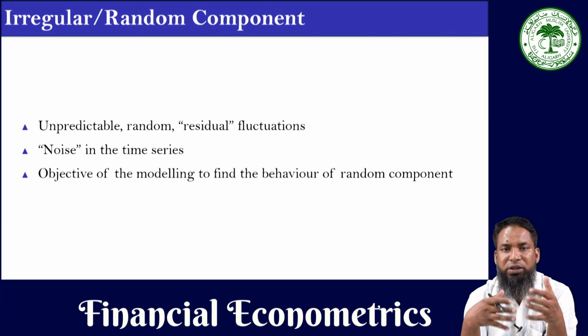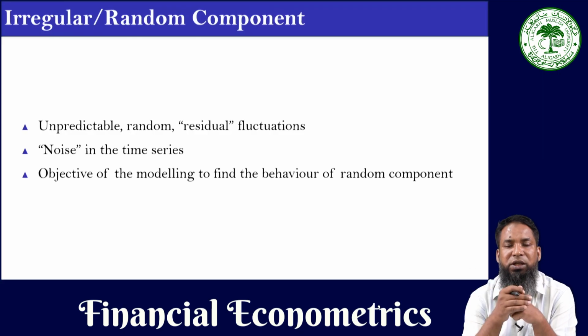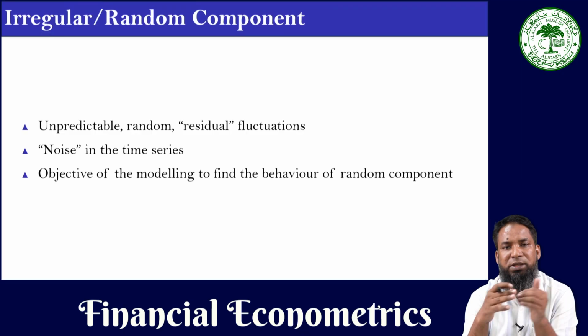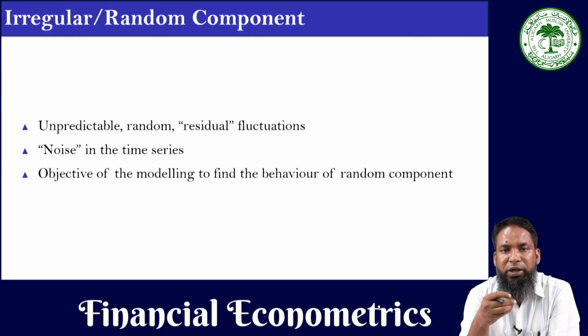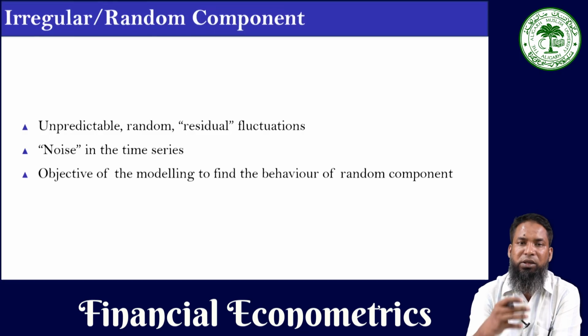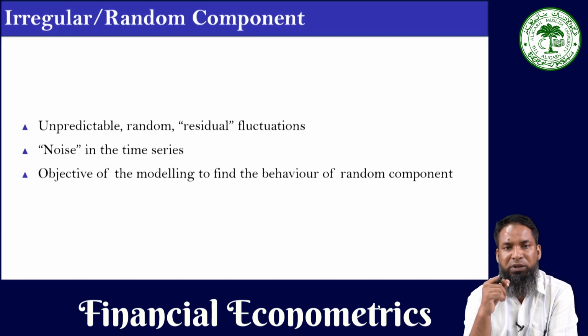If we are able to find the behavior of this random component, we will be able to find the pattern of the series, because trend and cyclical behavior are easy to find, whereas this is a little difficult. So most of the modeling effort goes into finding the behavior of the random component. Once we are able to do that, we add the other components and we can identify the pattern of behavior of the time series.